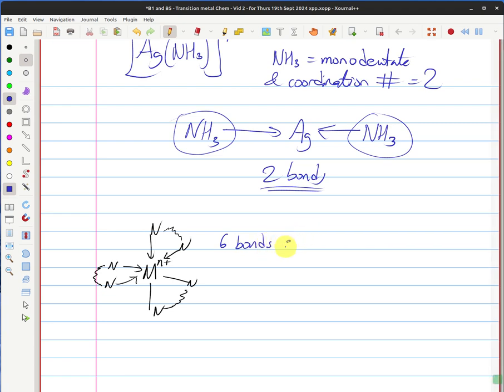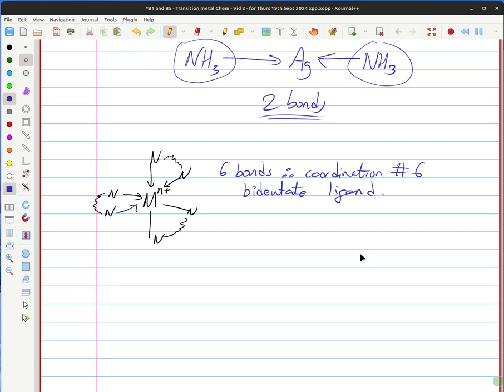Therefore, coordination number is 6. And the ligand that we have is bidentate. So the coordination number is 6, bidentate.